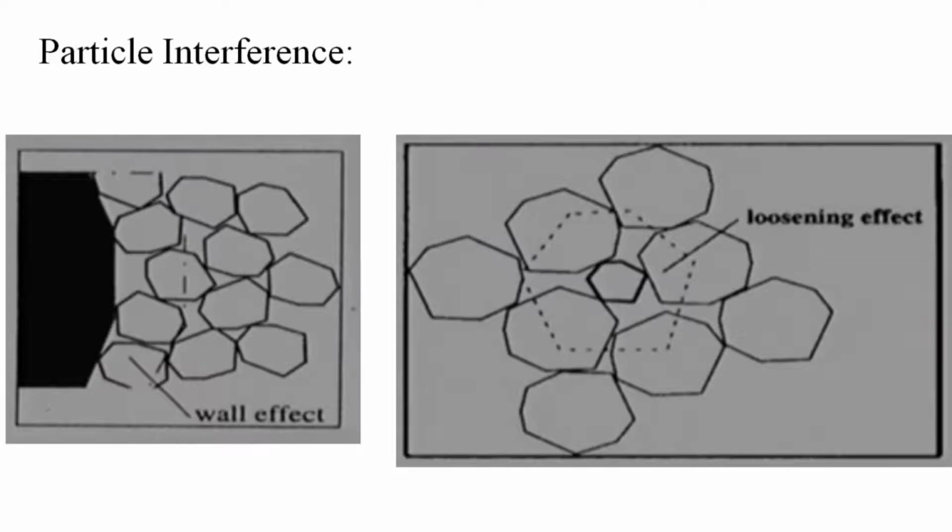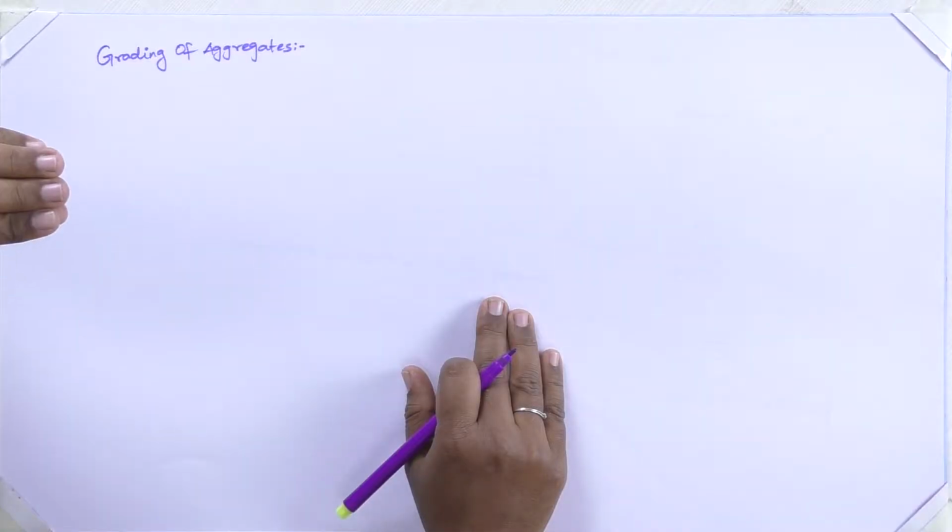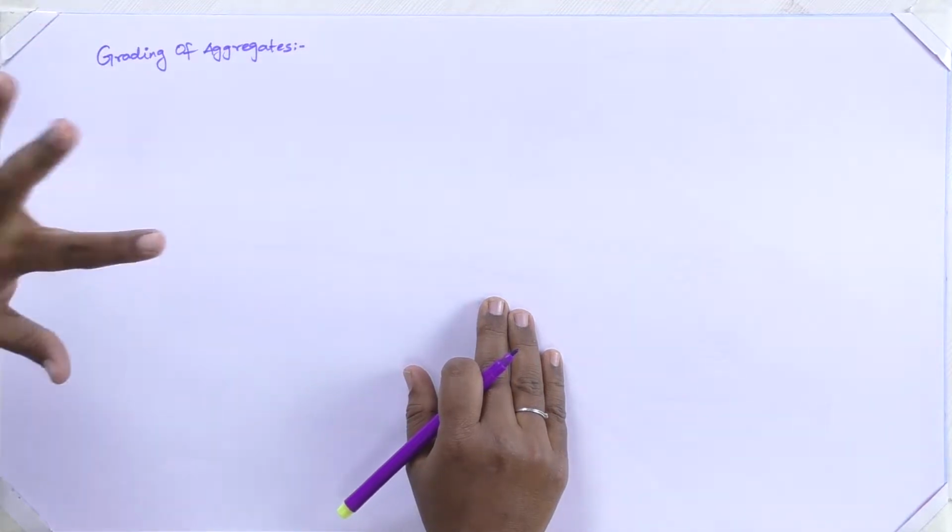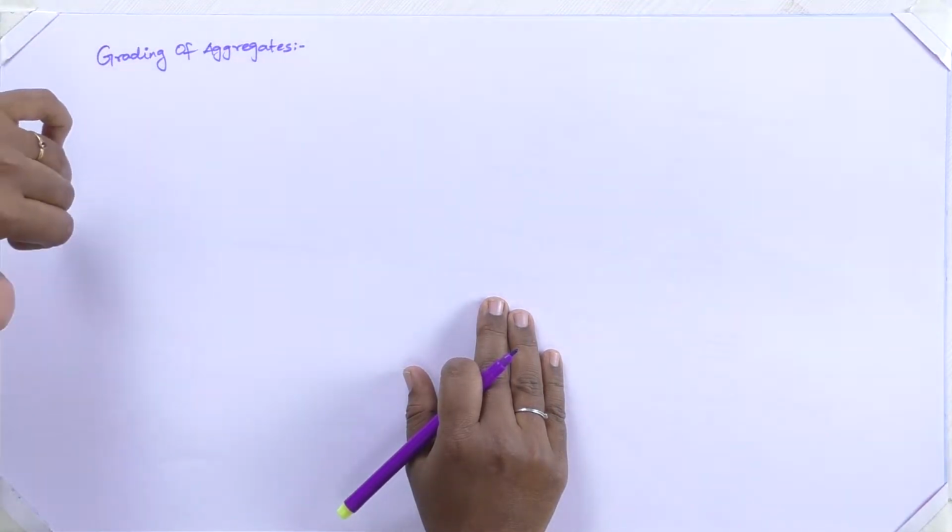So, in order to ensure whether the aggregate is properly packed or not, we use the term grading of aggregates. As we have seen already, the interstitial voids between the aggregates will be filled up by the cement paste.